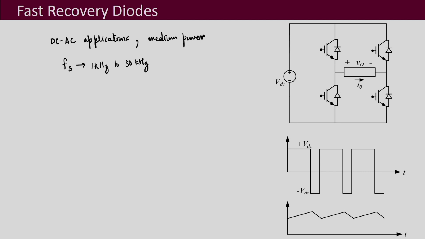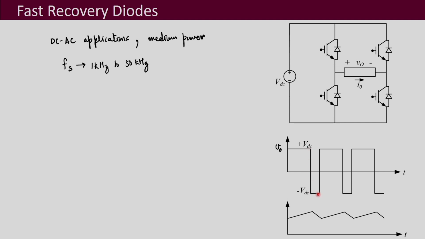So, if we see this one over here, this is the H-bridge that we have discussed before. It is made using IGBTs, and these are the anti-parallel diodes which are used with the IGBTs. If we see the output voltage waveform VO, it goes from plus VDC to minus VDC as these diagonal switches are turned on and off.